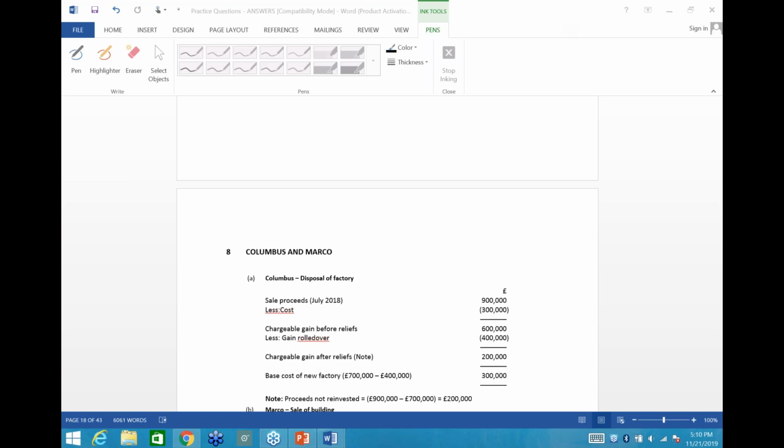But if you look at the relief against total profits before QCD of the current year and the previous year, there's no flexibility. The maximum possible amount must be set off against the total profit before QCD of the current year first and then the previous year. There is no flexibility like for individuals, current year and or the previous year.